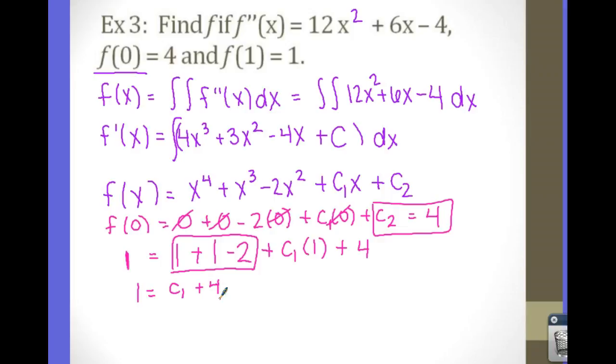Subtract 4 and you get negative 3 equals c sub 1.